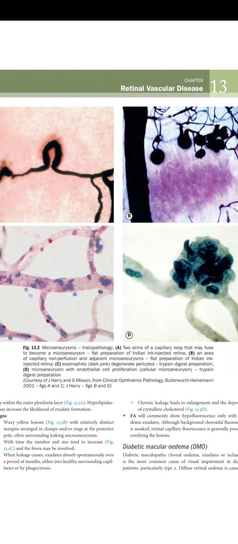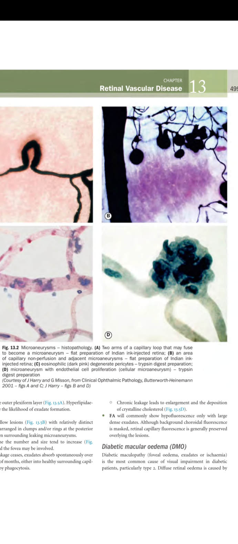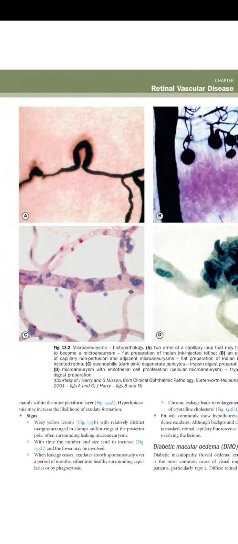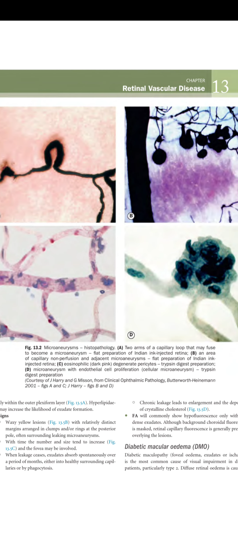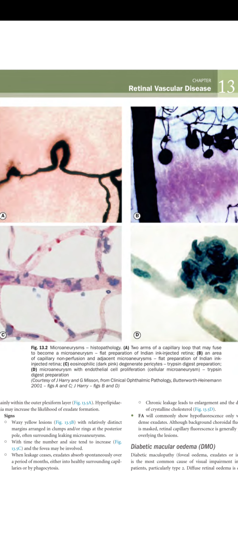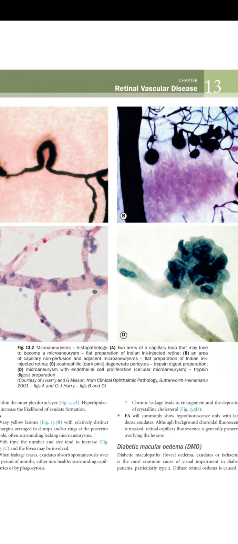B is showing an area of capillary non-perfusion adjacent to microaneurysms, flat preparation of the India ink injected retina. So this is an area of capillary non-perfusion, and this is an area of microaneurysms. C is showing eosinophilic dark pink degenerated pericytes, and D is showing microaneurysm with endothelial cell proliferation. So this is known as a cellular microaneurysm.